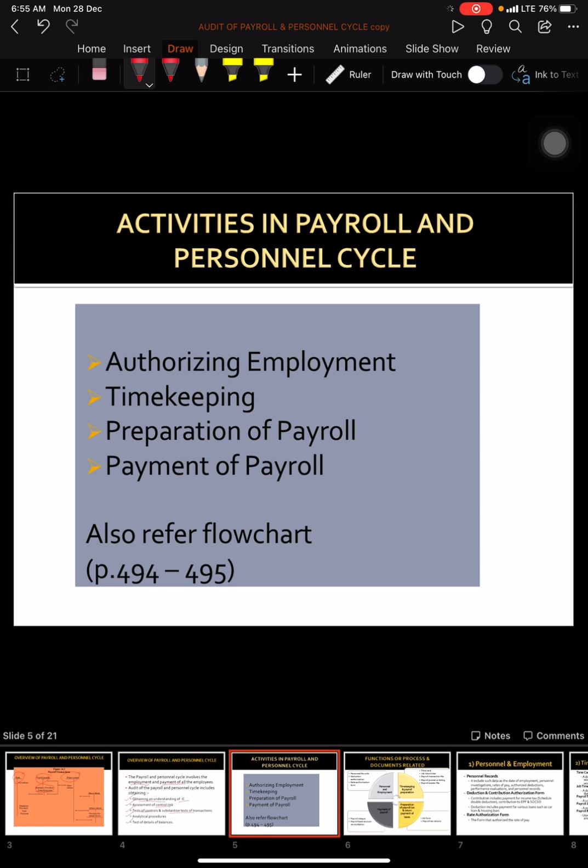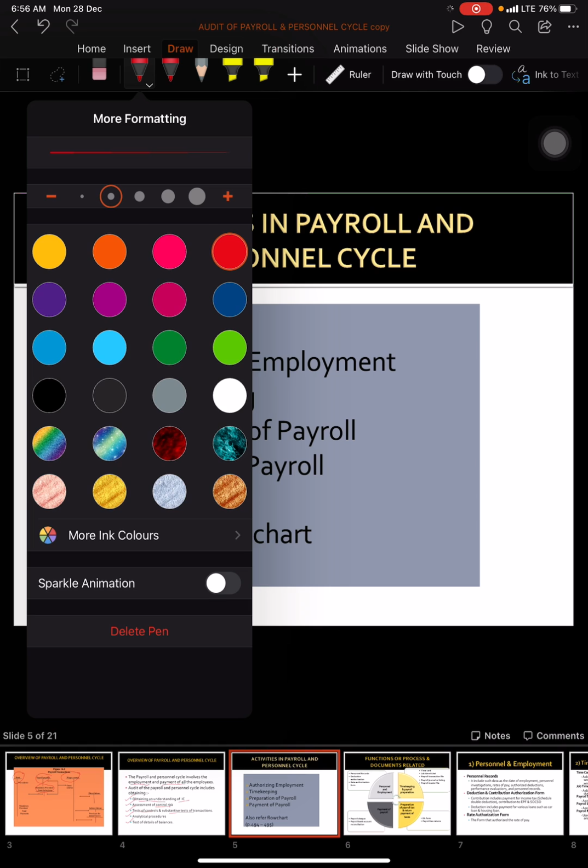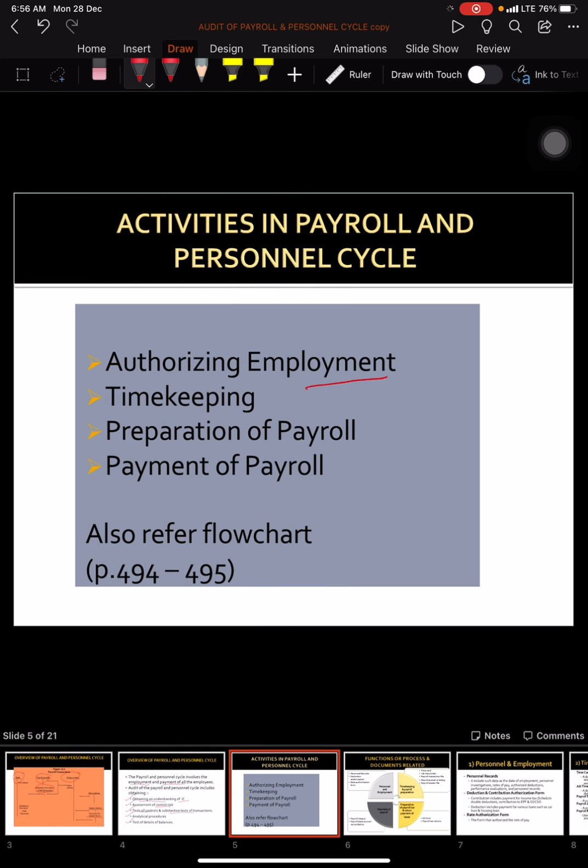So these are the activities in the payroll and personnel cycle. Number one, we have to see the authorizing of employment. If a person is being employed in the company, how is the process of employment? And then the timekeeping, how the company records the time and also the hours worked for the employees, and then they prepare the payroll.